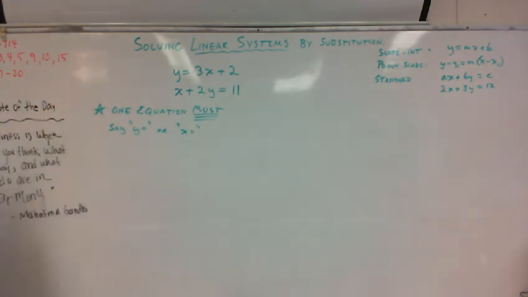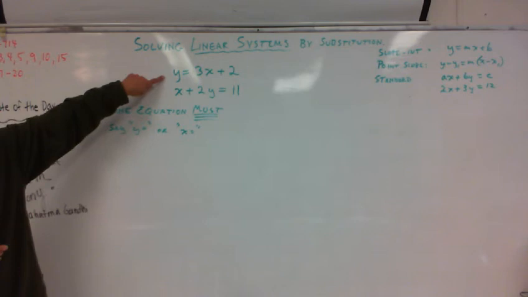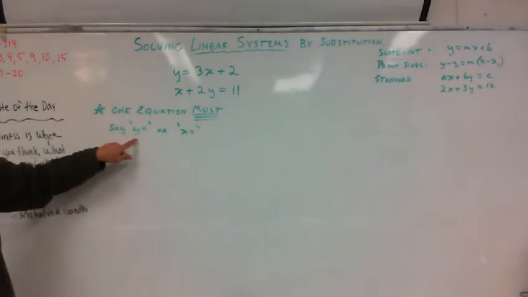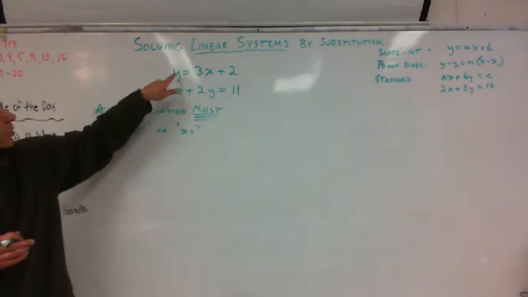Very important. Which equation of the 2 equations I gave you starts that way? The very first one, right? This says y equals. It's got to be y equals or x equals.